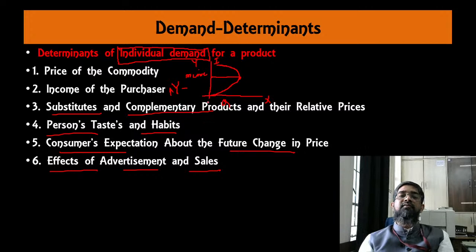And if the commodity is normal good, okay, if the commodity is normal good, it will be like this curve, normal goods. In case of normal goods, when income increases, demand increases continuously, it keeps on increasing like this, normal goods.